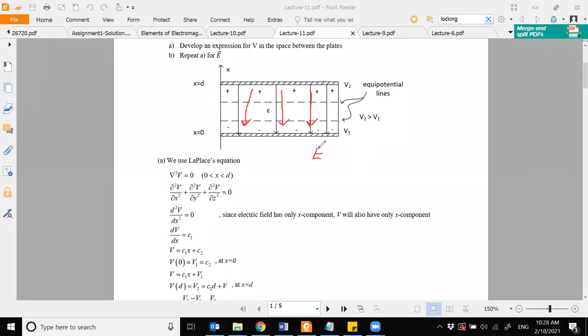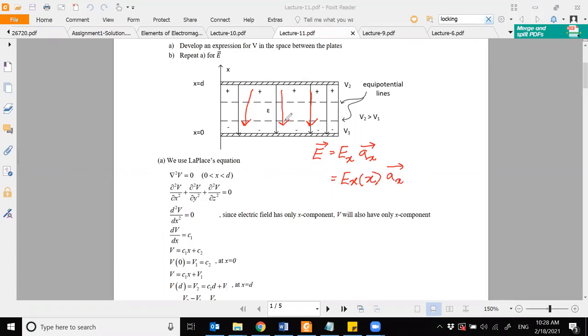So my electric field will have only the AX component, and this EX, look at this, is only a function of X because it is only going in this direction.